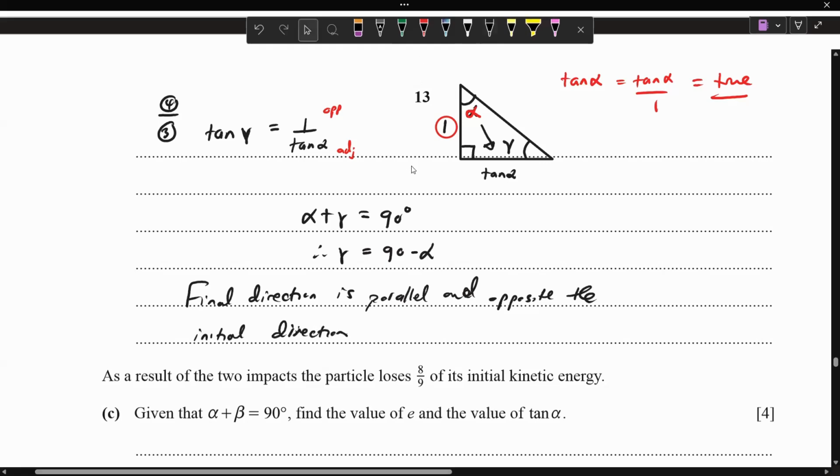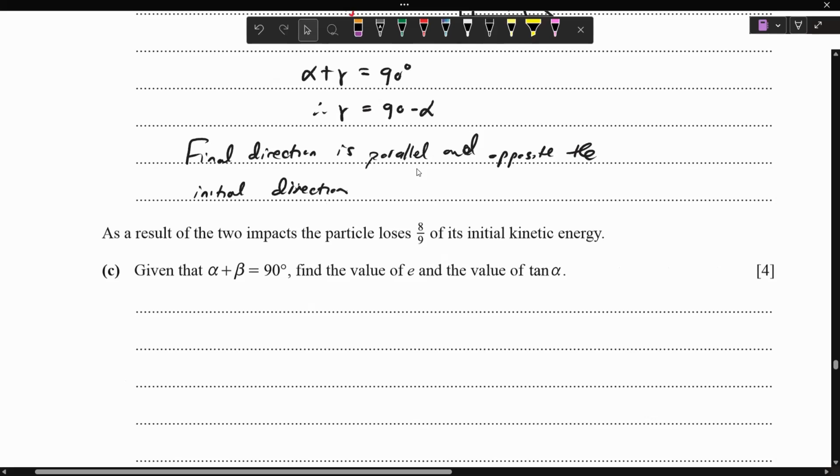Okay, let's move on to the last part. As a result of the two impacts, the particle loses 8/9 of its initial kinetic energy. Given that alpha plus beta equals 90, find the value of E and the value of tan alpha.